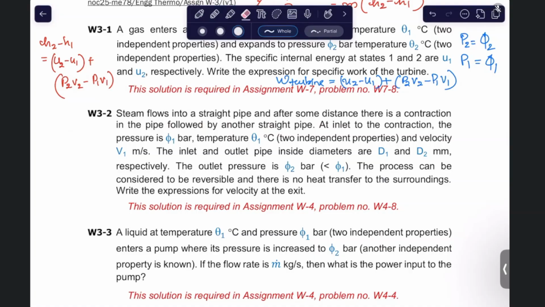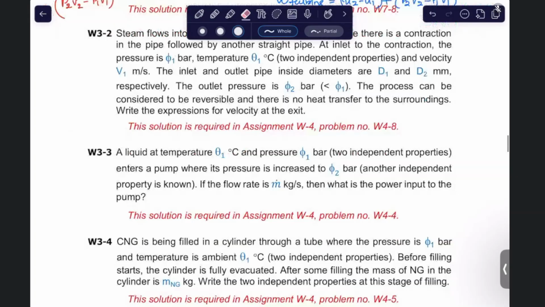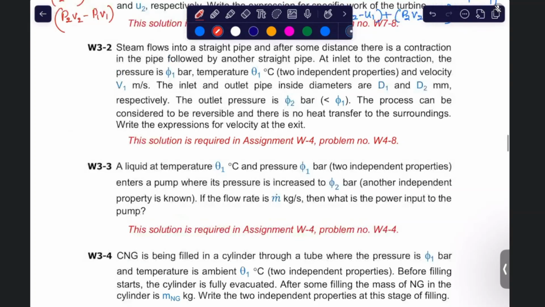So we will first write the conservation of mass equation for this steady state steady flow process. So m dot equal to rho 1 A1 V1, and since it's steady state, it will be rho 2 A2 V2.